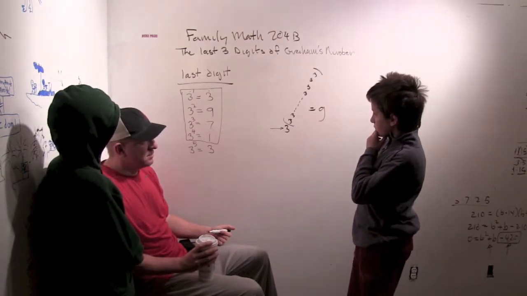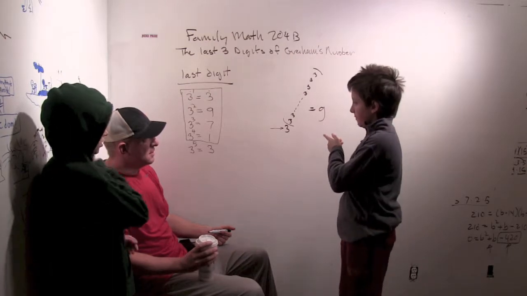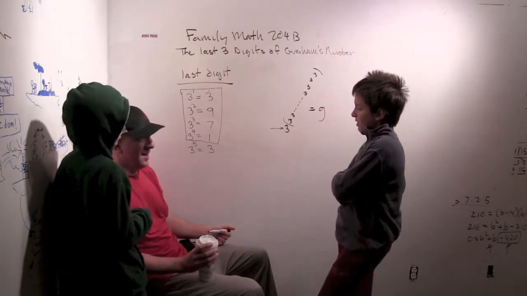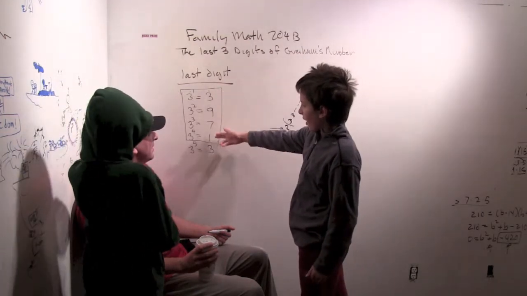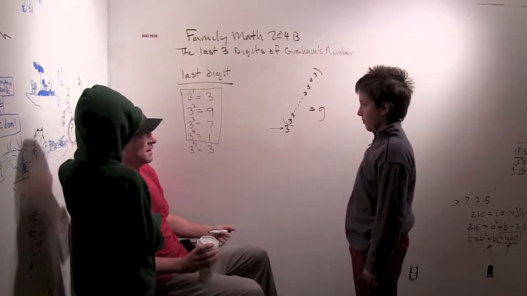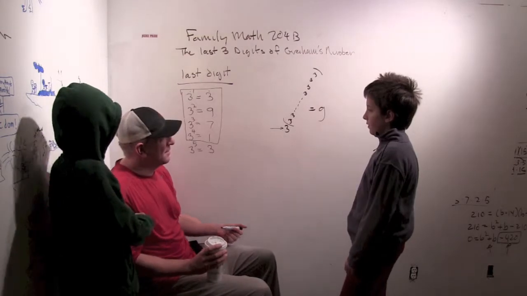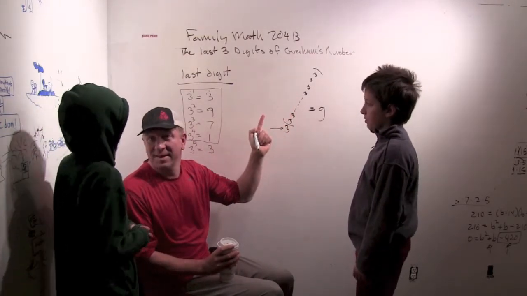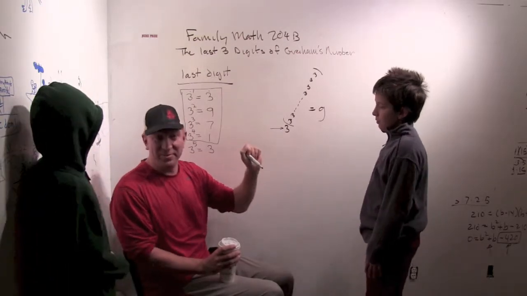It's an odd number. Why? Well, because in this pattern, all of the last digits are odd numbers. The power's odd. That's interesting. Can we say even more then?